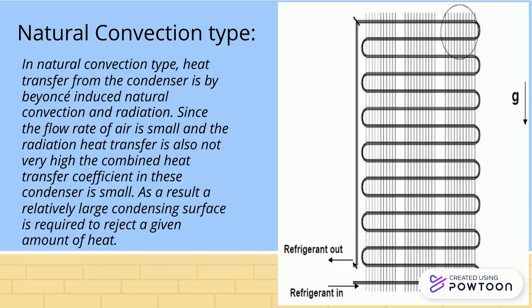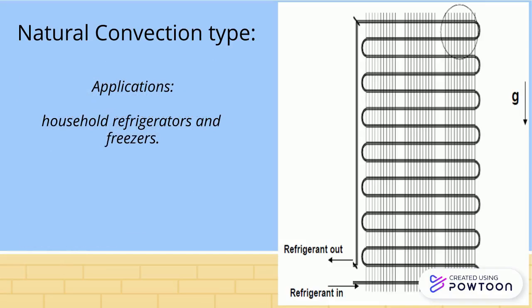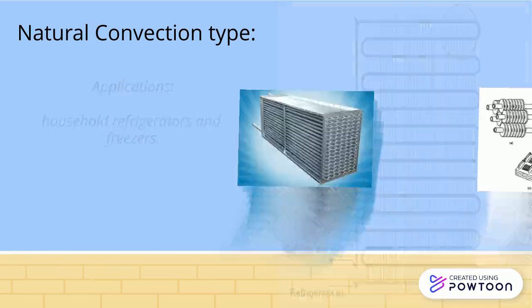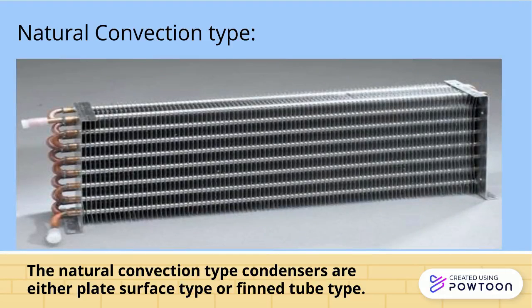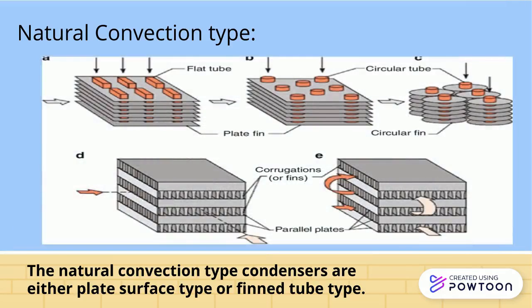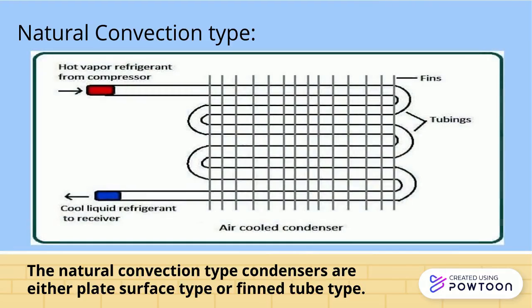As a result, a relatively large condensing surface is required to reject a given amount of heat. Applications of these are household refrigerators and freezers. The natural convection type condensers are either plate surface type or fin tube type.